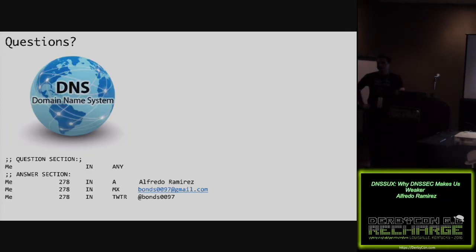Any other questions? Yes. So what is your current recommendation? Do you not deploy it, or deploy with certain settings? So I think you can't blindly deploy it. You have to actually have the right systems in place so that DNSSEC works with what you want to do, so that things like zone enumeration, for example, don't affect you.